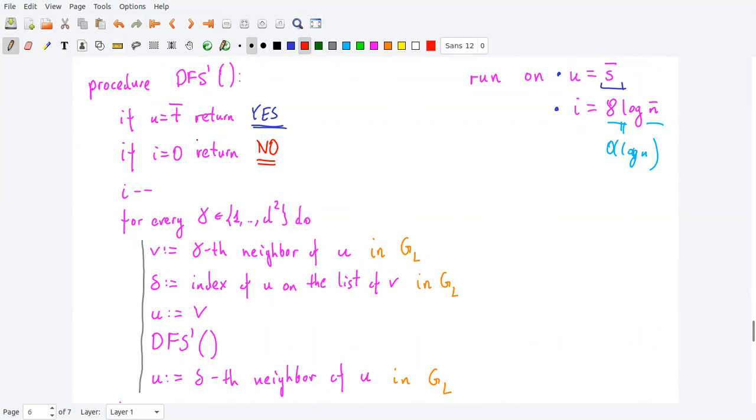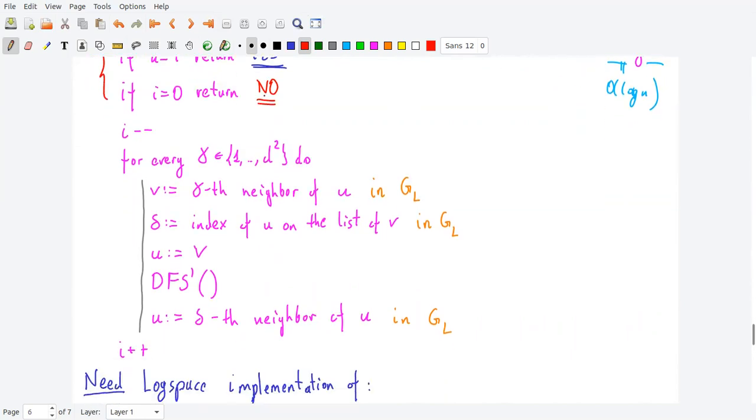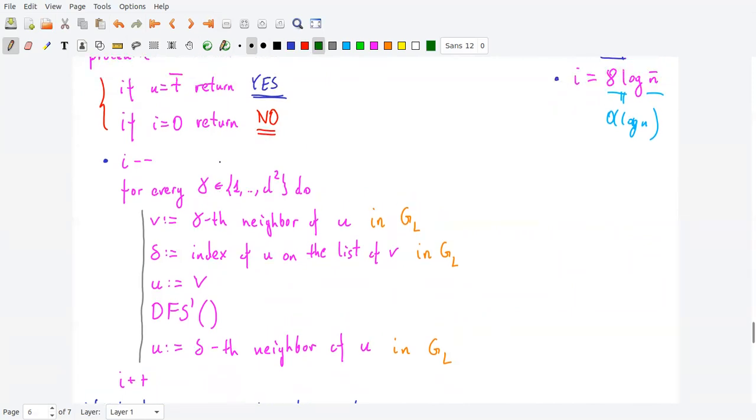So after checking these corner cases, we need to do the DFS step. We decrement the counter for the depth, and then go through all the neighbors of the current vertex U. There are d square of them, because the graph is d square regular.